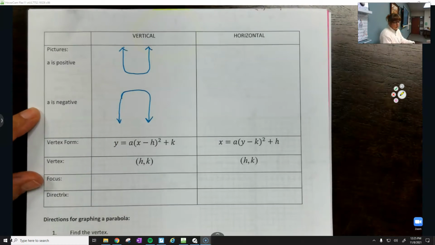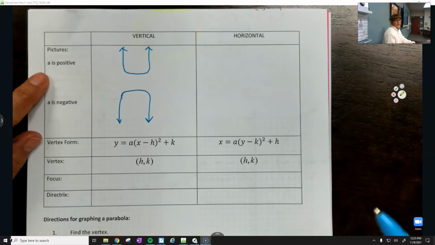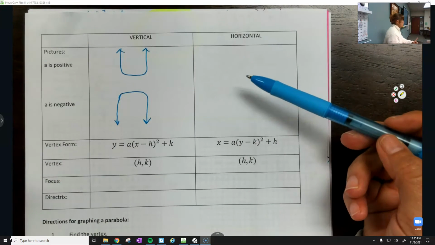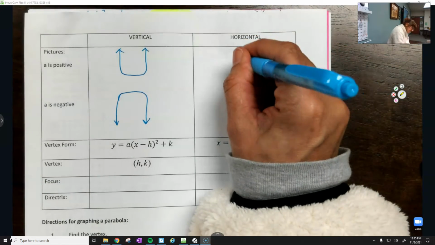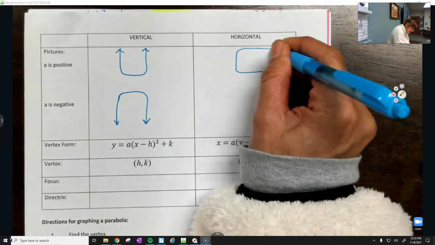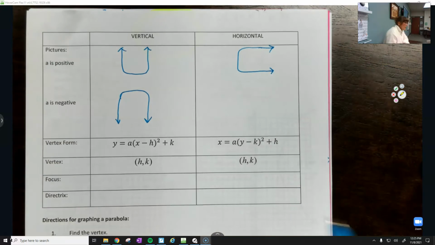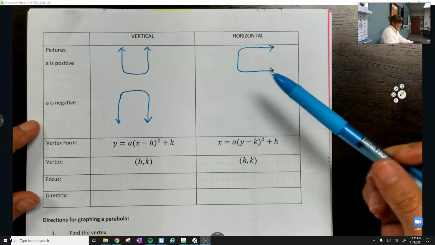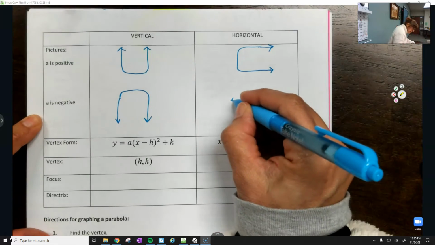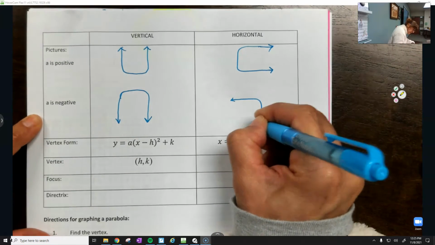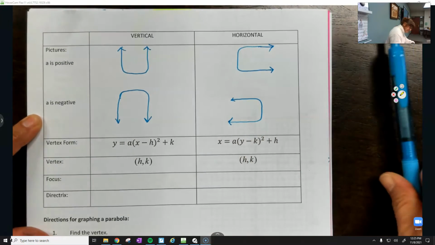Yep. And then, remember when the A value was positive for that example we just did, it opened to the right. So I'm just going to sketch a parabola opening to the right here. And we haven't done one yet, but what do you think it is when it's negative? Yeah, that's right. See, you know a lot of this.